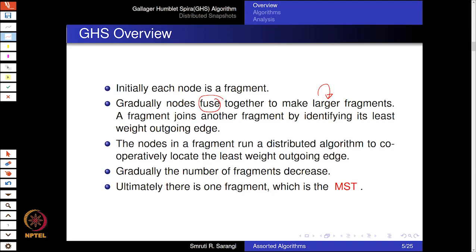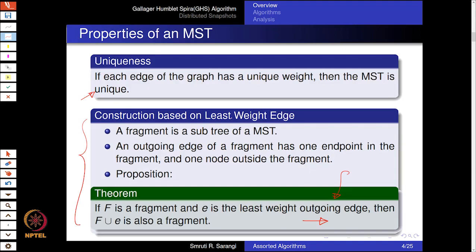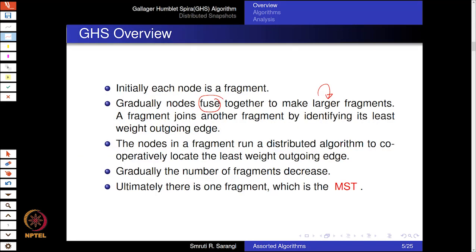And a fragment, of course, joins another fragment via the previous theorem, which is by identifying the least weight outgoing edge. Furthermore, how to find the least weight outgoing edge?